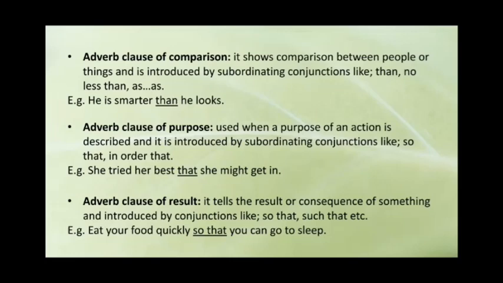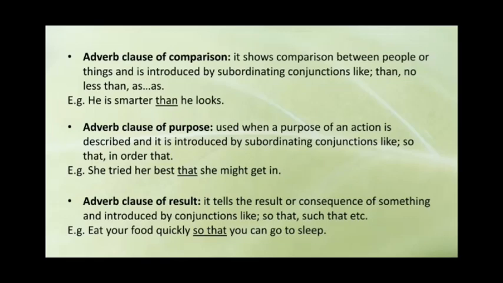Next is adverb clause of purpose. It is used when the purpose of an action is described, and it is introduced by the subordinating conjunctions like so that, in order that. For example, she tried her best that she might get in.